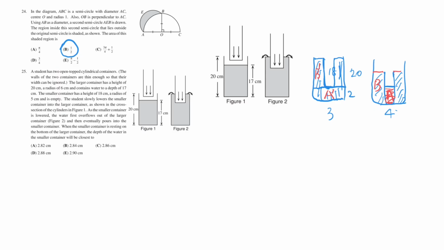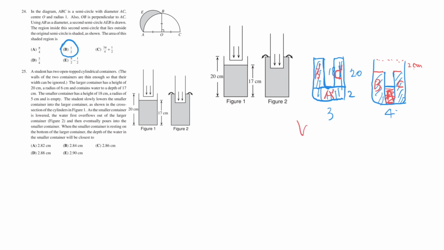And the right is C, so in Figure 2 it will be C prime. From here to the top, no water, that's 2 centimeters. This 2 centimeters of water all pours into the smaller container.